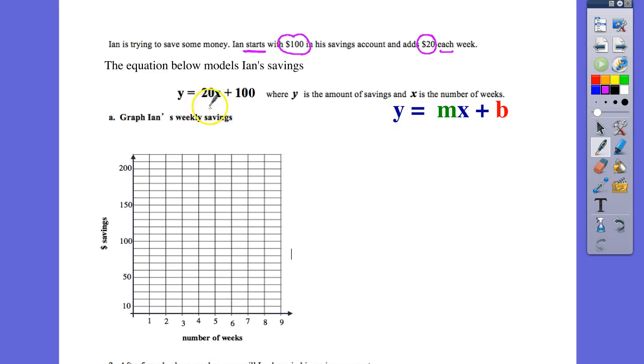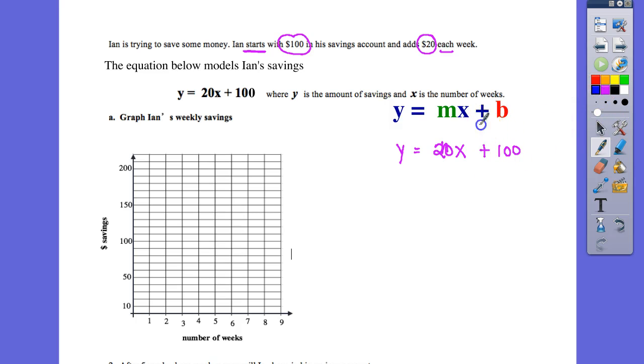So this equation, y equals 20x plus 100, is a linear equation in slope-intercept form because the y is by itself on the left side, and you have an x term and a constant. That's what a linear equation in slope-intercept form looks like.